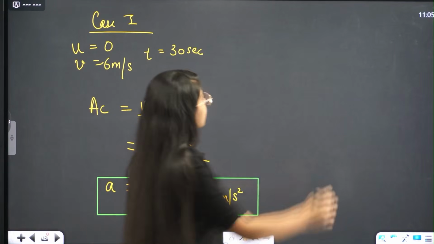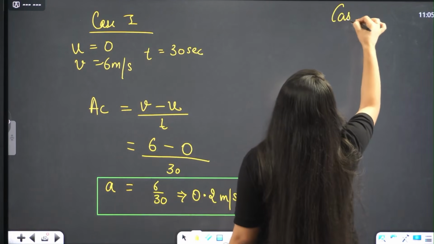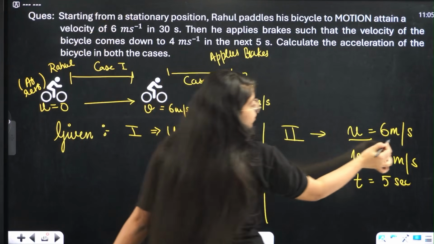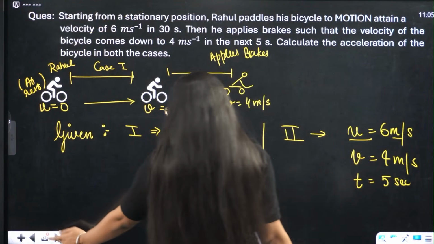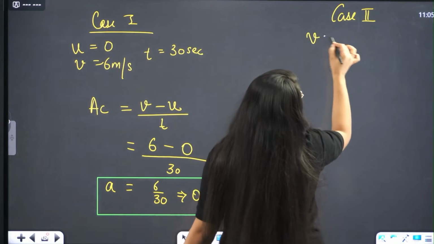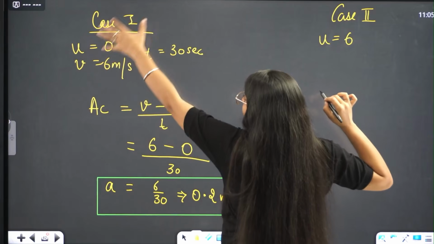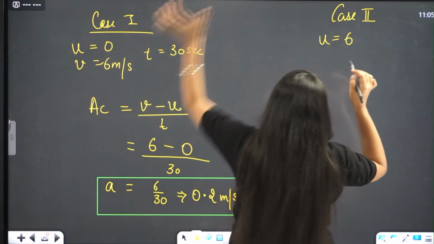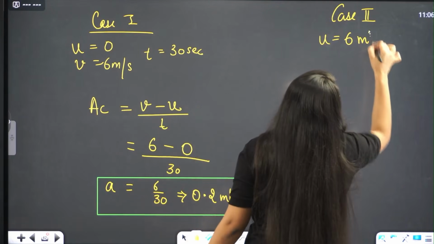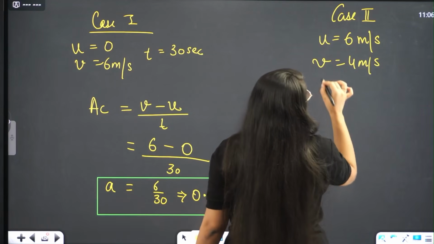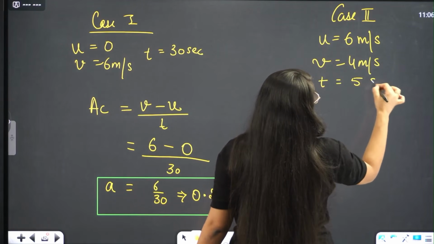Now look at the second case, case number 2. In case number 2, we have u equals 6, v equals 4, time equals 5. Here u was from the first case, and the final velocity will be the case 2 velocity, so v will be 4 meter per second and time is 5 seconds.